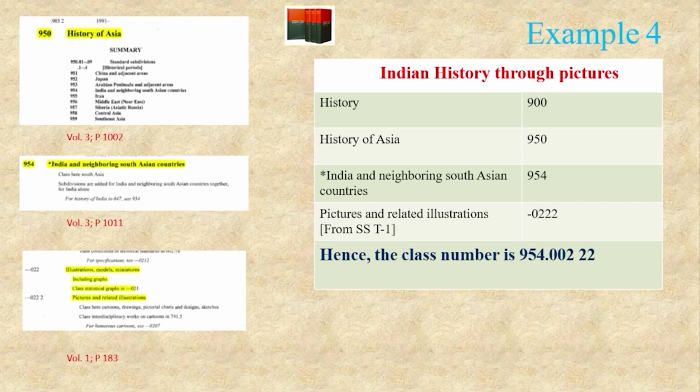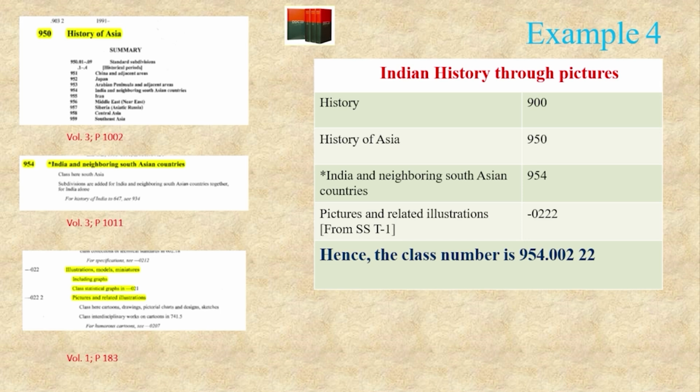So before assigning the class number, you have to be careful whether any instruction has been provided in the schedule to add the number from standard subdivision. As per the DDC schedule 930 to 990, standard subdivision should be added after the geographical notation.